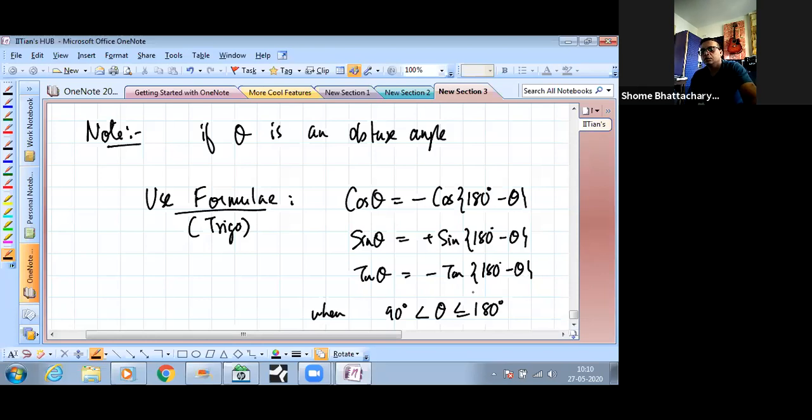For the moment, don't worry where the formula has come from. It's just a trigonometrical formula.